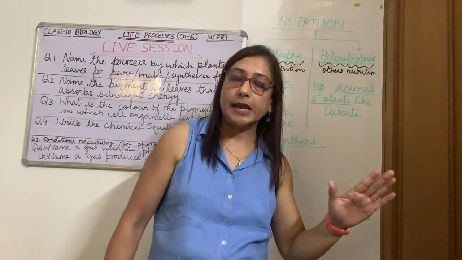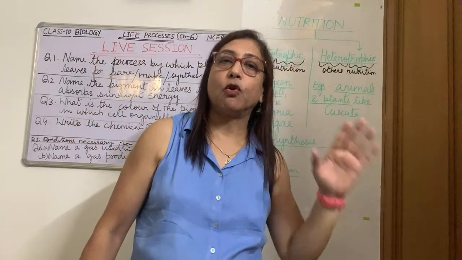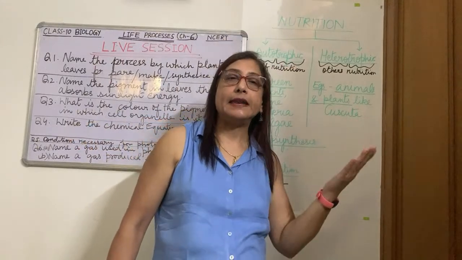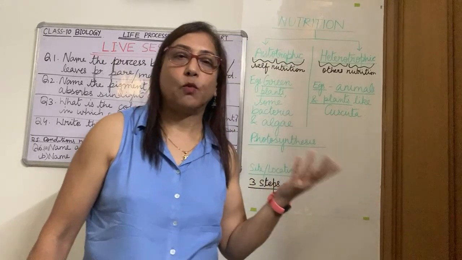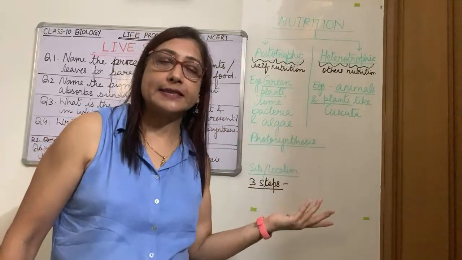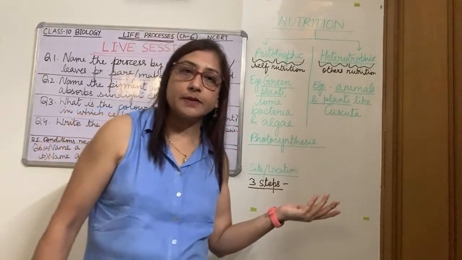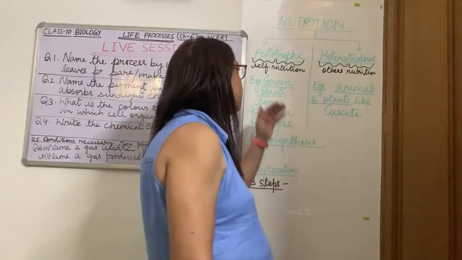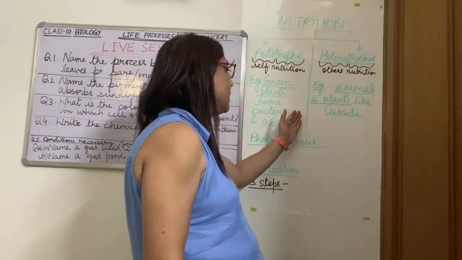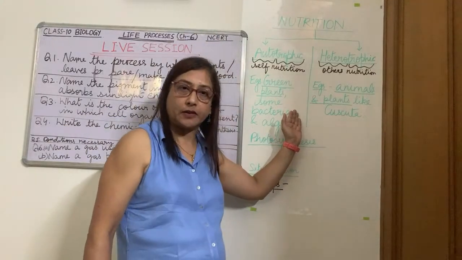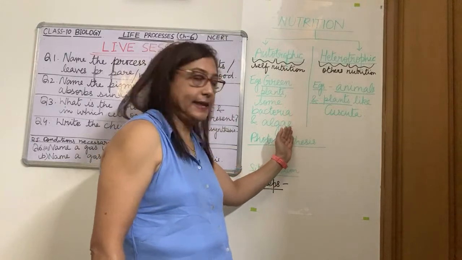Autotrophic nutrition means preparing food on its own inside its own body. What do you think? What are the examples? Which organism does that? It's the green plants and some bacteria, known as autotrophic bacteria, and algae.